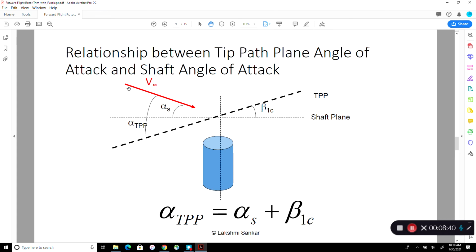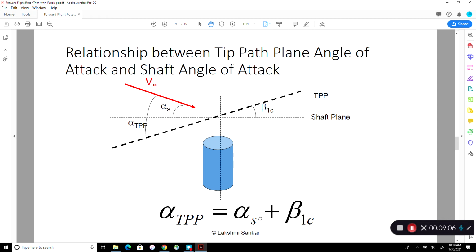Now, oncoming free stream is coming this way. This is the alpha tip path plane, is the angle between oncoming free stream and the tip path plane. This is the alpha shaft. Therefore, alpha tip path plane is alpha shaft plus beta 1c. Okay, so this is the alpha tip path plane.